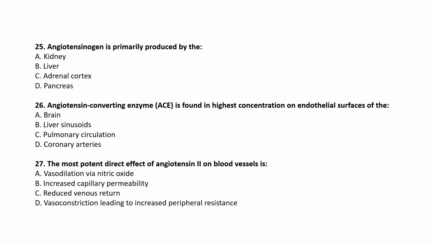Yeah, I think this one is clear enough. You have vasoconstriction leading to increased peripheral resistance. Basically, you're trying to increase the blood pressure, so you're constricting, right? So that is one of the most potent. So angiotensin 2 is like a super strong kind of a signal here, right?